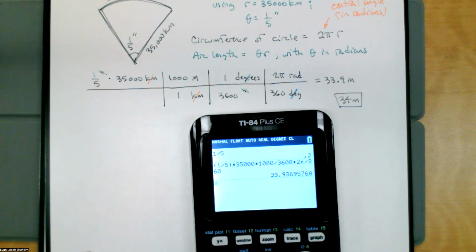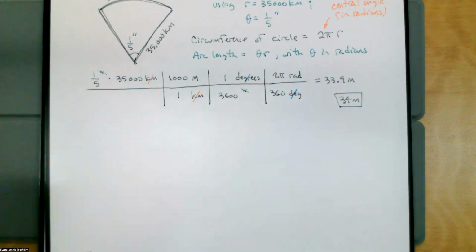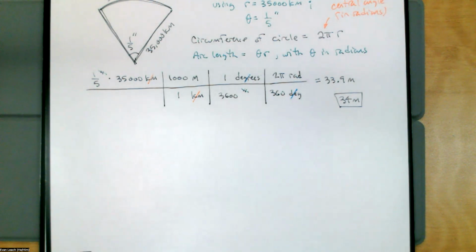So we're doing a lot of unit conversions in this case, and we just got to use the ones that we knew. I wanted to go from seconds all the way to radians. I didn't know the relationship between seconds and radians, so I just used the relationship between degrees and radians and degrees and seconds.